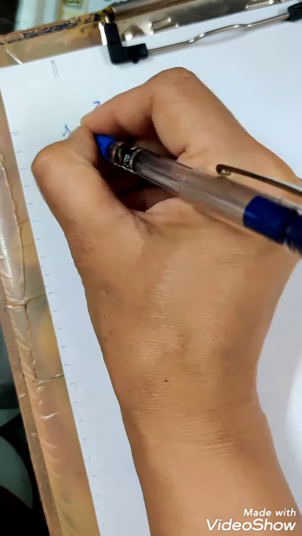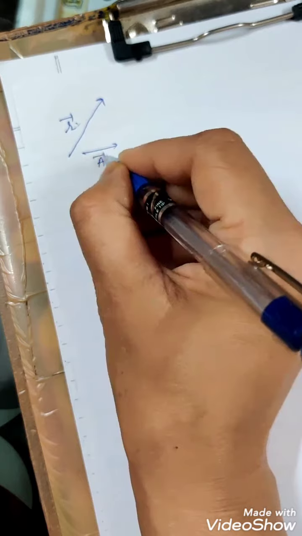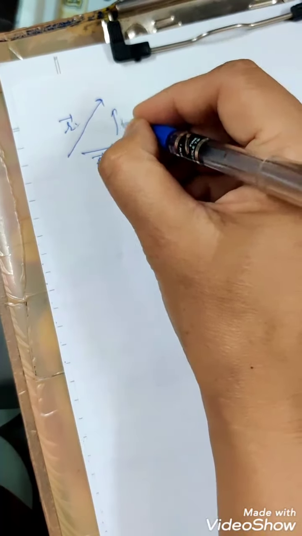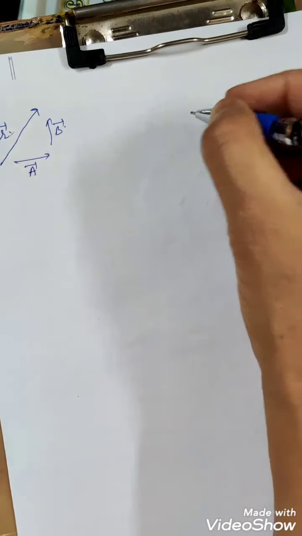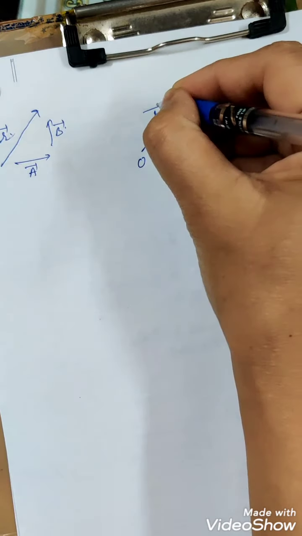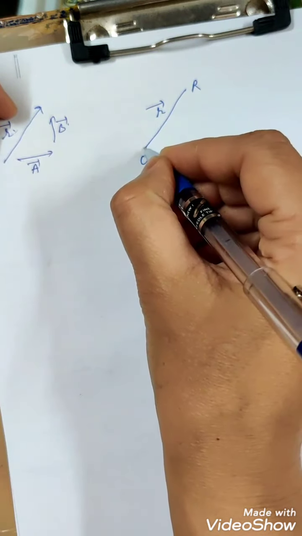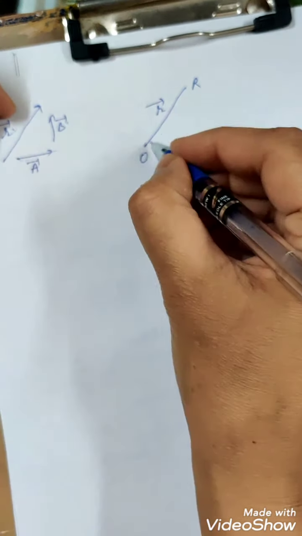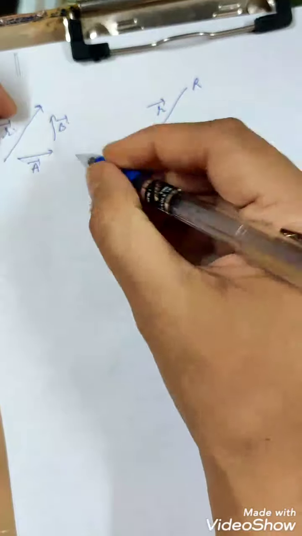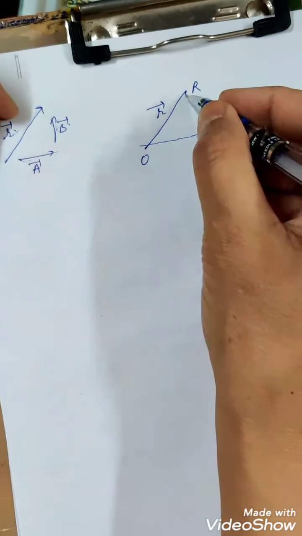Say we have this vector R and it has to be resolved into two given directions, the A direction and the B direction. How do we represent this? First we draw the vector OR, representing the R vector. Then from O we draw a line parallel to one given direction, and another line from point R in the other given direction.